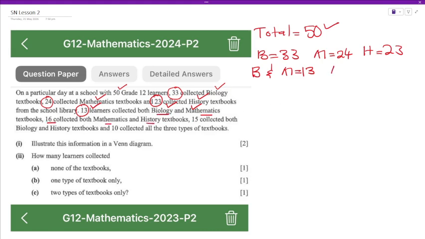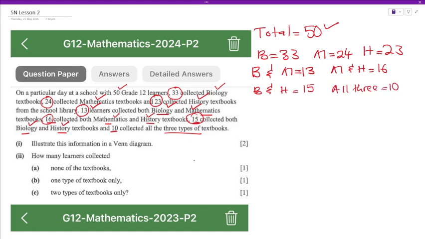So math and history is 16. 16 here collected both math and history. 15 collected both biology and history. So biology and history is equal to 15. And then they're saying 10 collected all three. So all three is equal to 10.